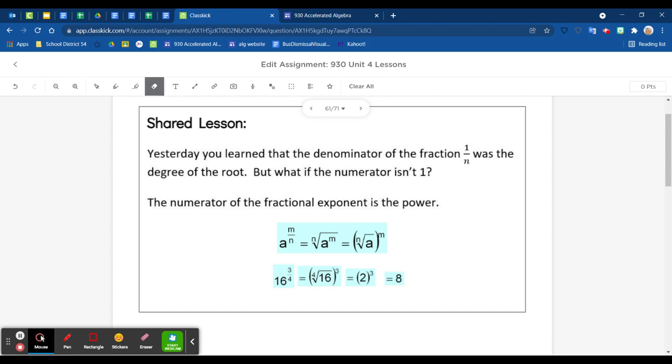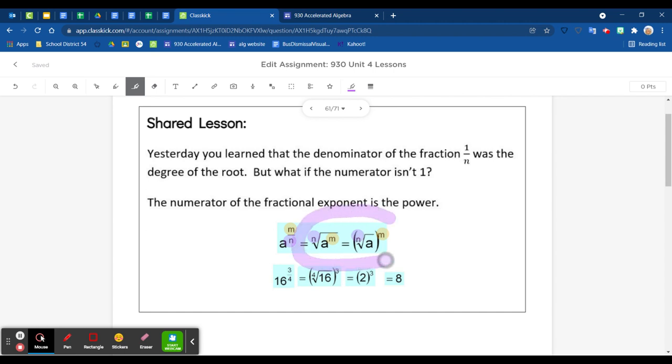So yesterday we did practice with fractional exponents, right? The denominator becomes the degree of the root and the numerator becomes the exponent. And so yesterday it was always 1. Today we are going to work with it when the numerator isn't always 1. So as you see here, the numerator still becomes the exponent and the denominator still becomes the degree of the root.